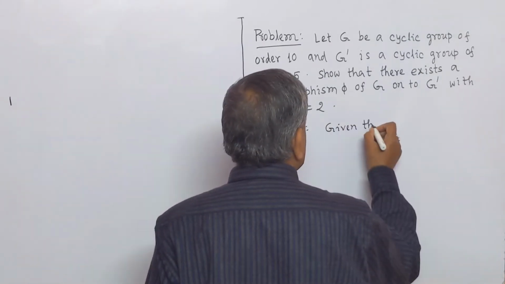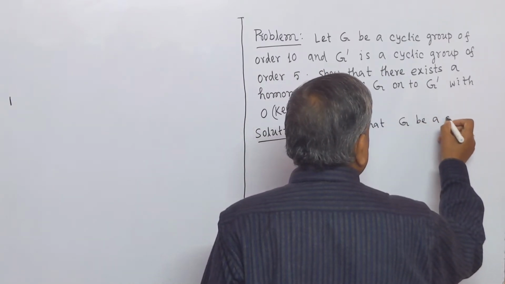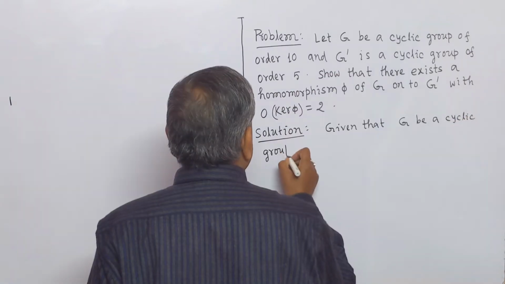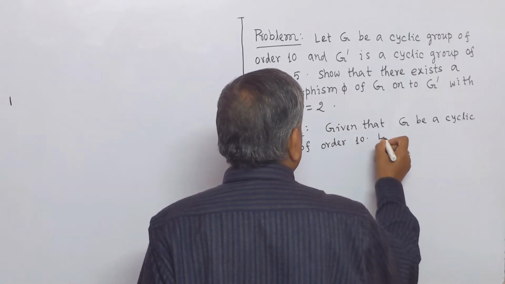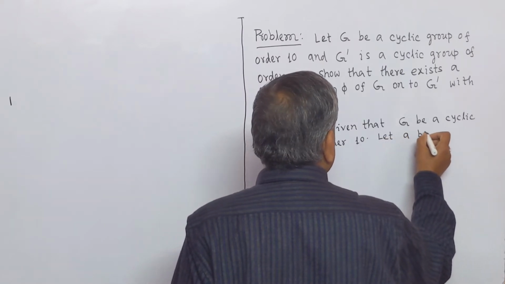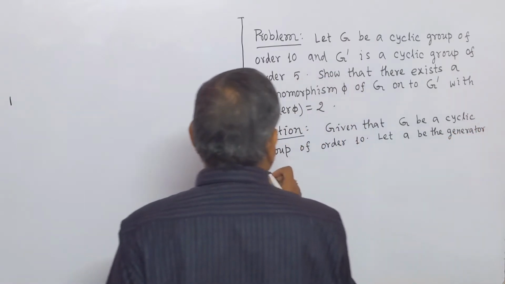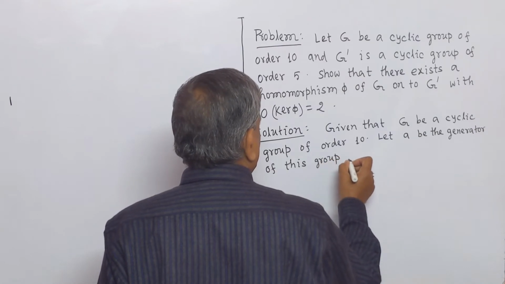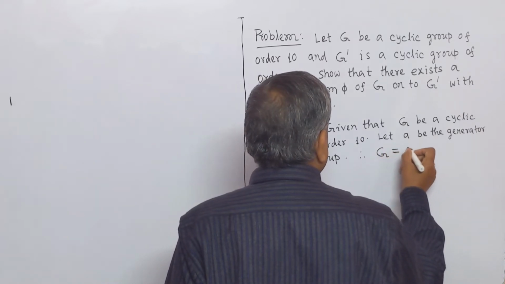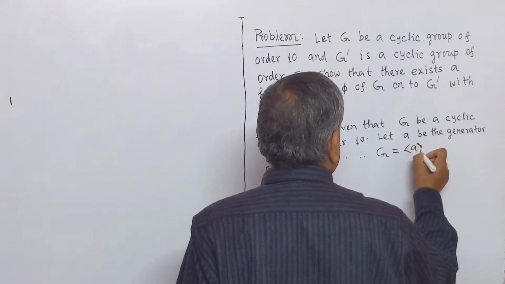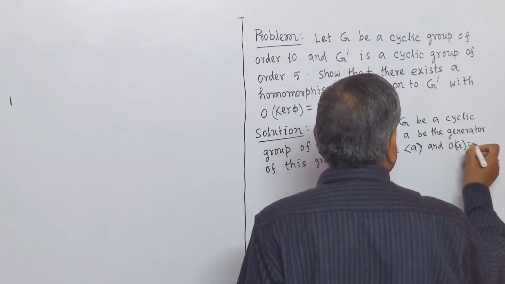Given that G be a cyclic group of order 10, let A be the generator of this group, therefore G is written as G is generated by A and order of G equal to 10.